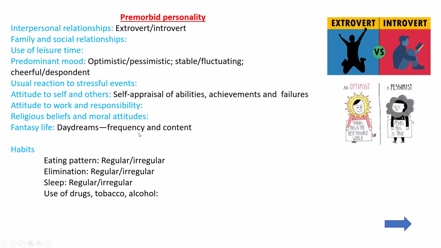Okay, so frequency and content: continuous frequency, per day how many times they will be in daydreams, and what they are dreaming, that is the content of daydream. They are dreaming about their marriage or any sexual activities or education or anything like that. That is fantasy. And habits: eating pattern, elimination, sleep, use of drugs, tobacco, this and that we have to mention. This comes with habit. So these things are called premorbid personality.